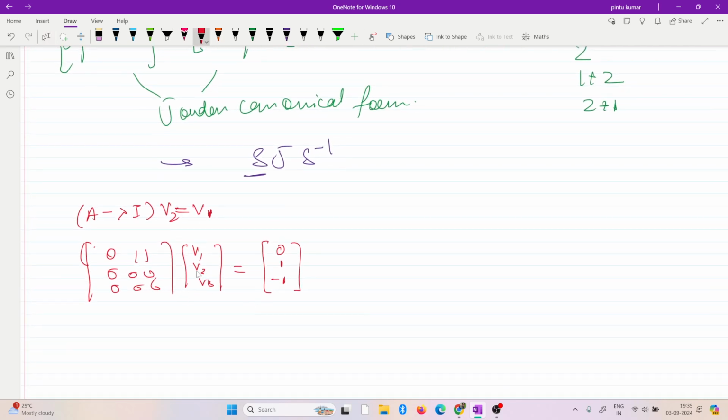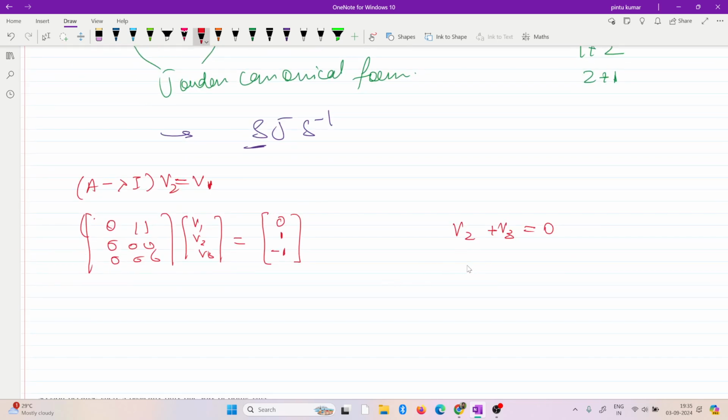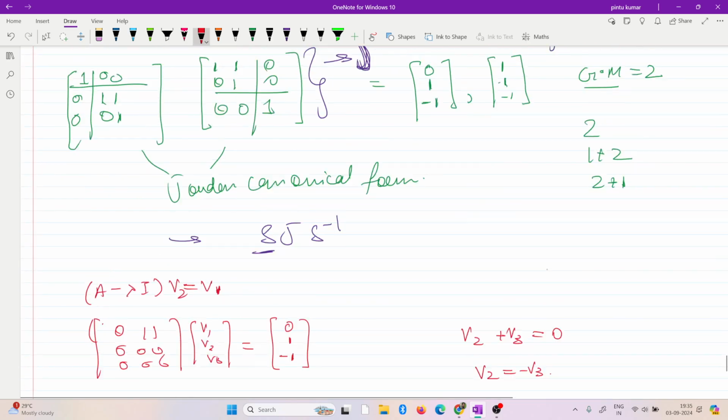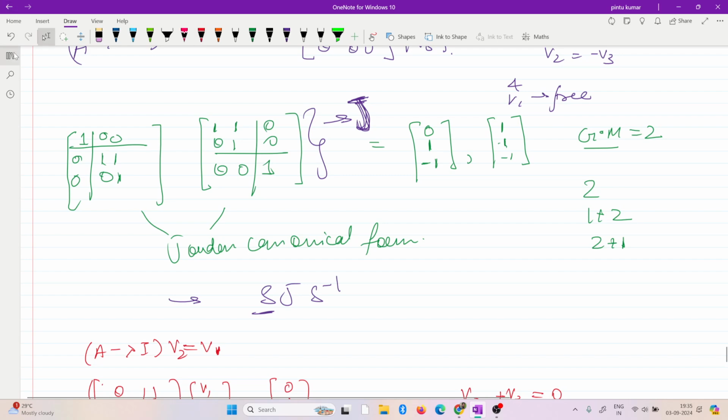So from the first row, it gives you a condition that v2 plus v3 is equal to 0, right? So this means v2 is equal to minus v3.